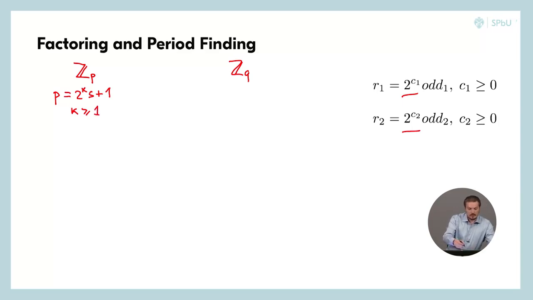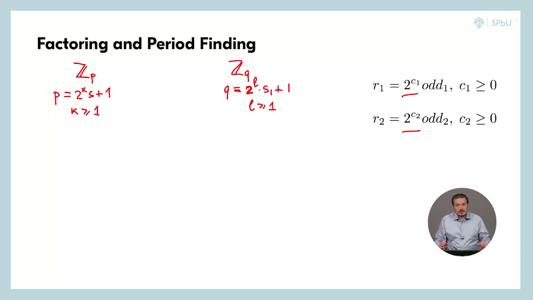And the same for Z modulo Q. We have Q equal to 2 to some power L multiplied by some other odd integer, plus 1. And L is also greater or equal to 1.